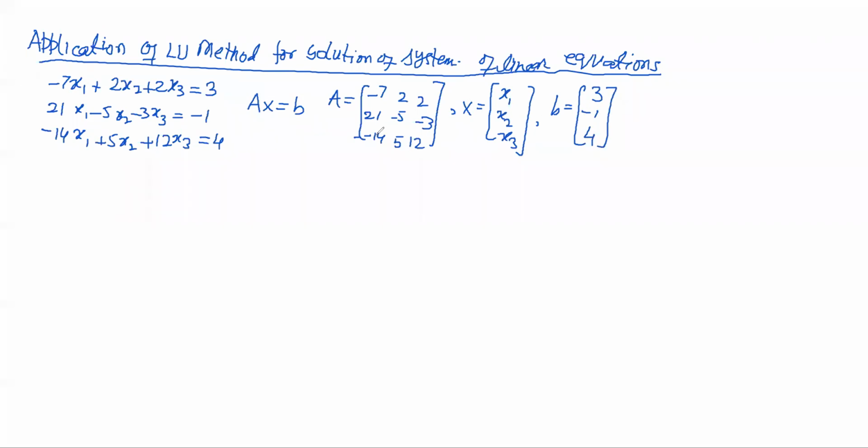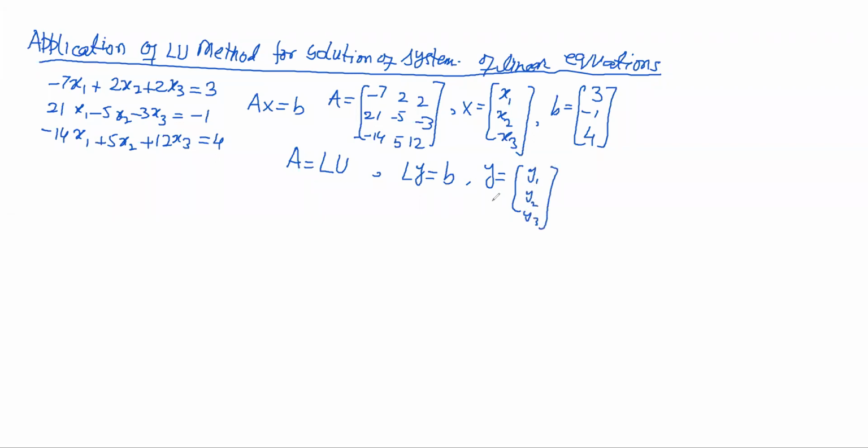Okay, so the algorithm for solving this system is that if we can decompose A into L and U, then we know L and we also know U. Because L will be the lower triangular matrix, we will solve first Ly equals b, where y will be an intermediate vector, y1, y2, y3.